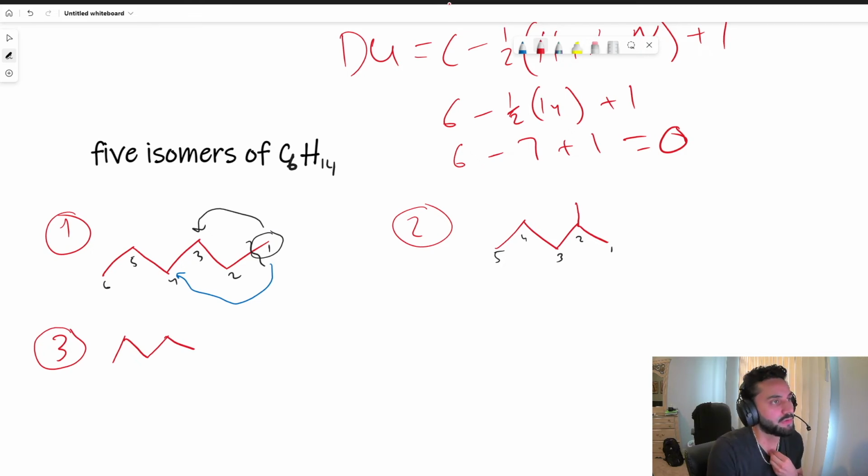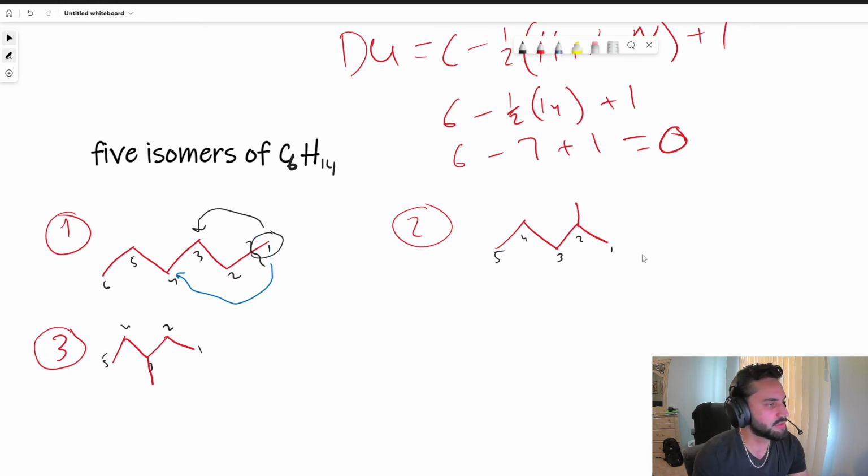So let me number these actually. Carbon number 1, 2, 3, 4, 5. So I have moved it now. Initially, this was carbon number 4. Now it is carbon number 3. So I moved carbon number 1 to carbon number 3. So let me draw that. There we go.